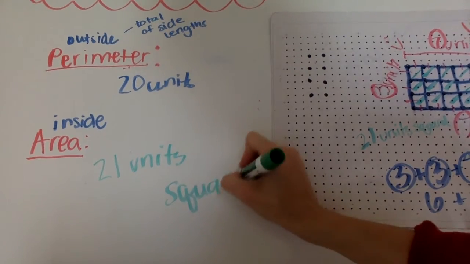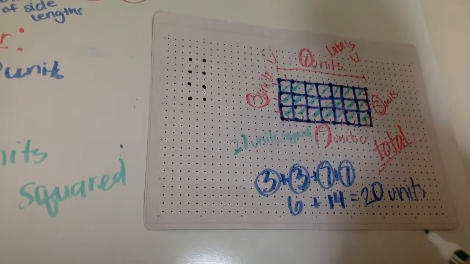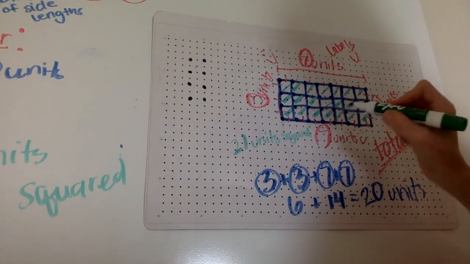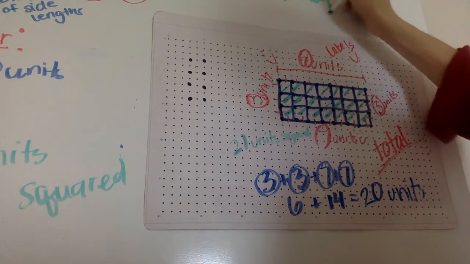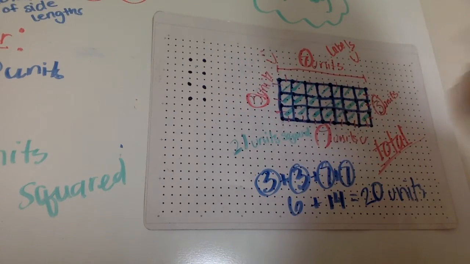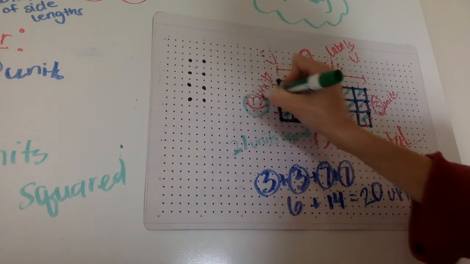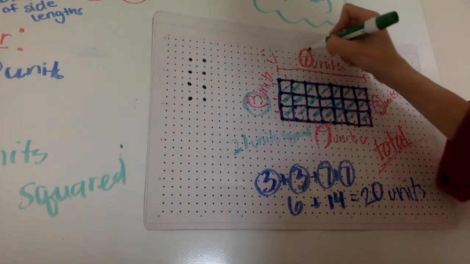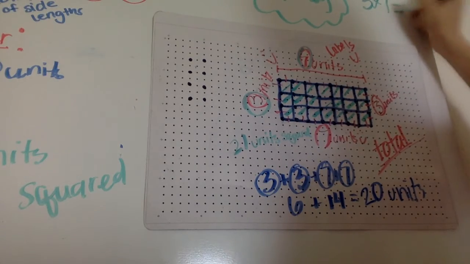Now I want to show you something and see if you can understand what I am talking about. To me, this looks like an array. And what would happen in an array if we took this 3 and this 7? 3 times 7.